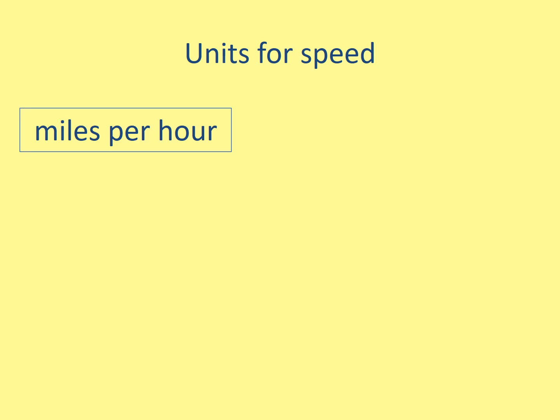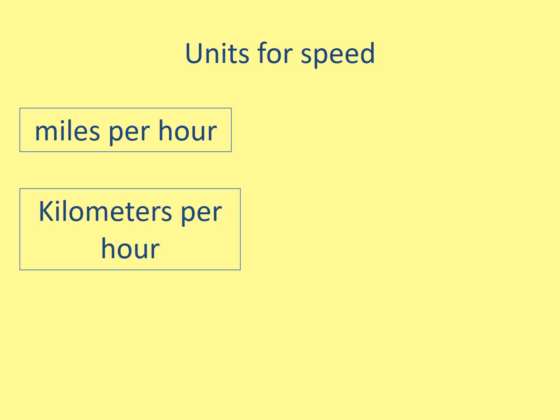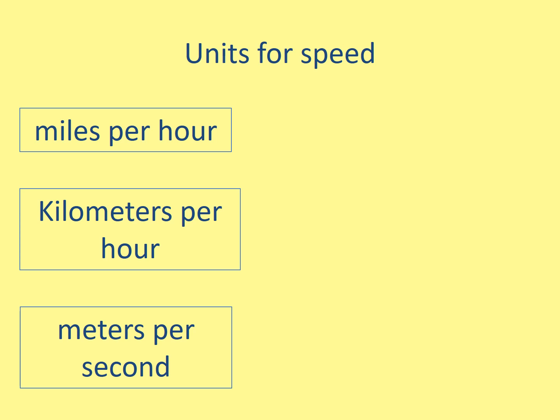So going back to the units that we have for speed, we have miles per hour, kilometres per hour, metres per second, and the thing that they have in common is that there is a unit for distance per, or every, or divided by, a unit for time.